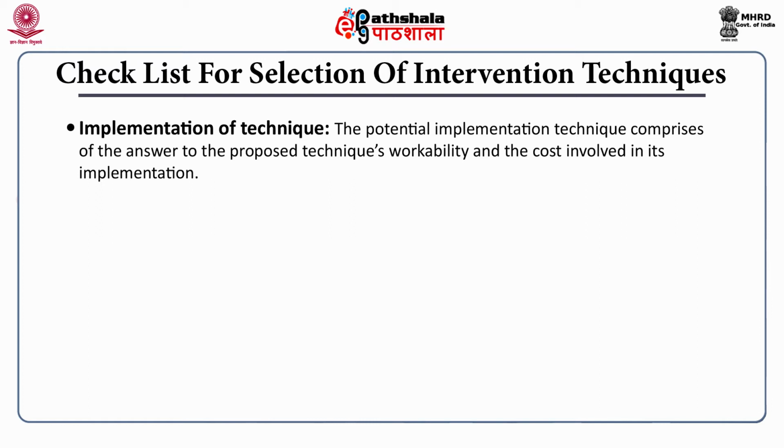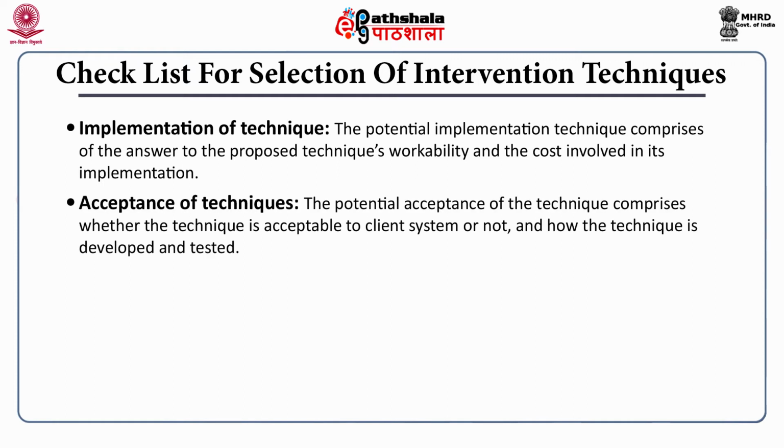The potential implementation comprises the answer to the proposed technique's workability and the cost involved in its implementation. Third, acceptance of the technique. The potential acceptance comprises whether the technique is acceptable to the client system or not, and how the technique is developed and tested.